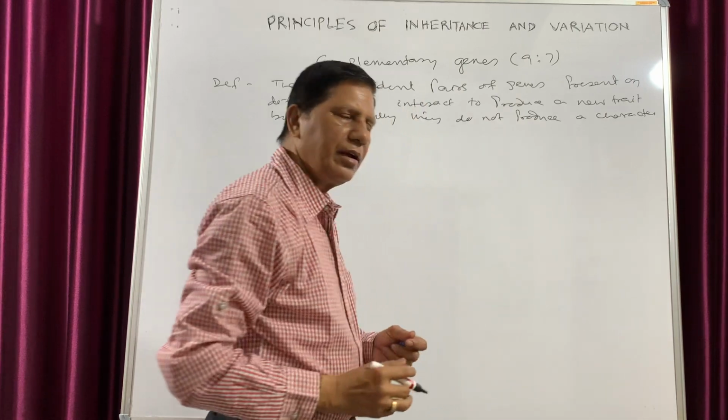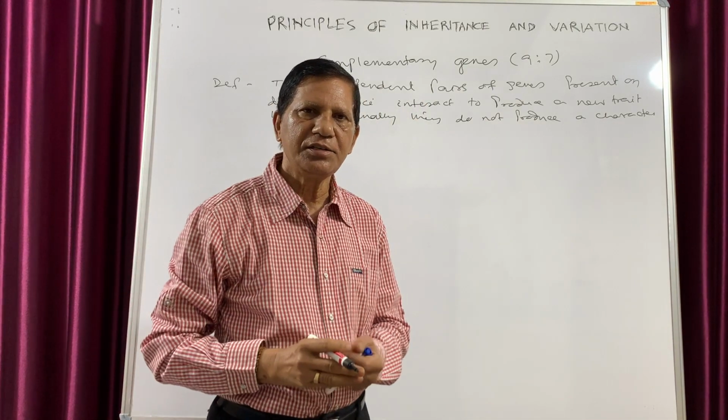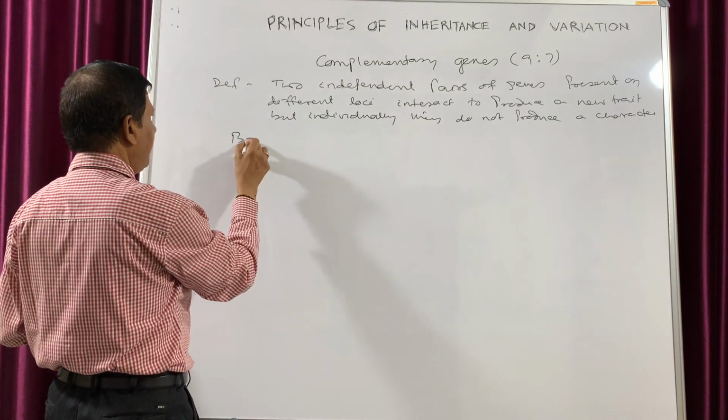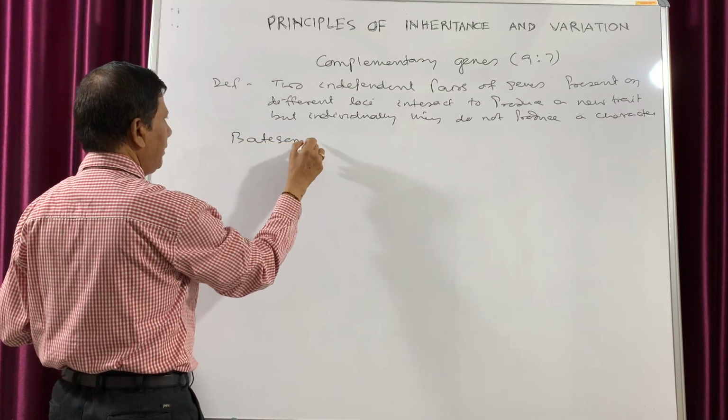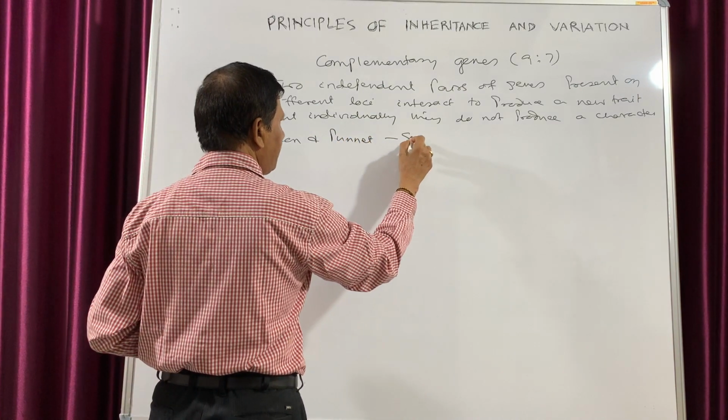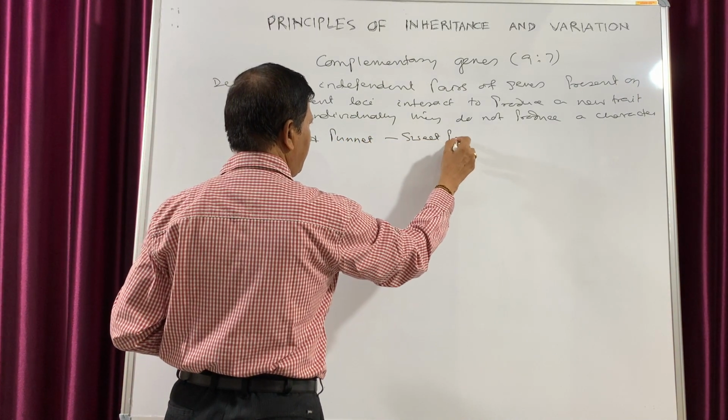So this complementary gene action is best explained by Bateson and Punnett in case of sweet pea.